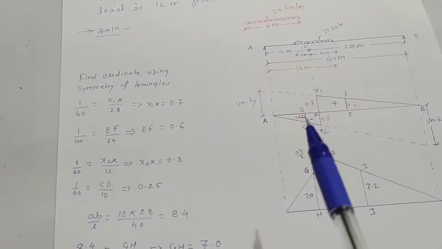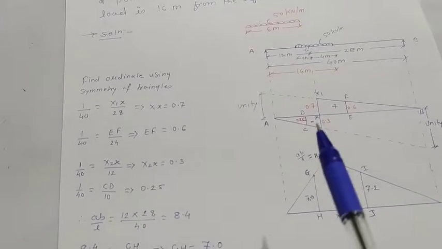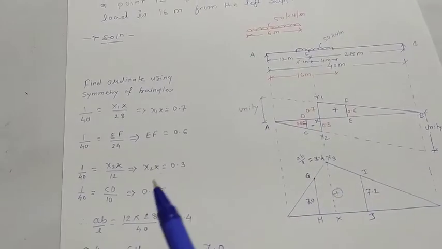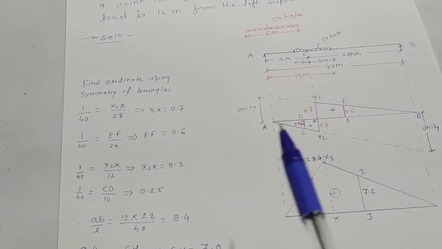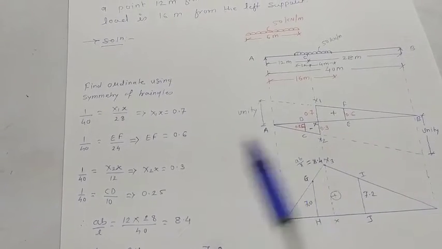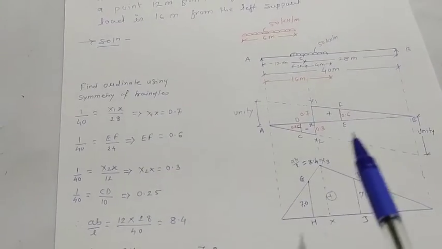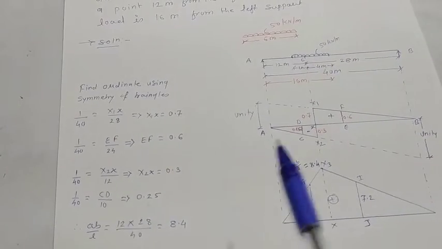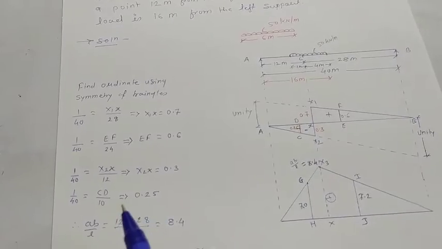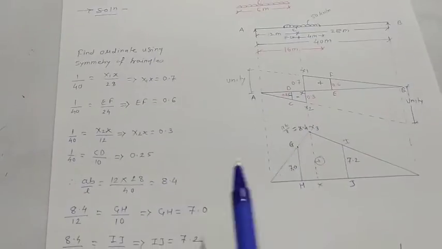Then the next value, 1 by 40 times x2 at 12 from this point, you will get x2 as 0.3, and 1 by 40 times CD will be 0.25.